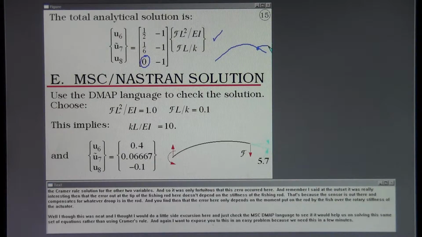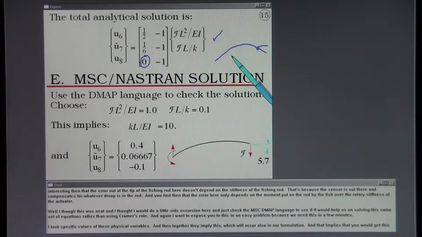That's because the sensor is out there and compensates for whatever droop is in the rod. And you find then that the error here only depends on the moment put on the rod by the fish over the rotary stiffness of the actuator.